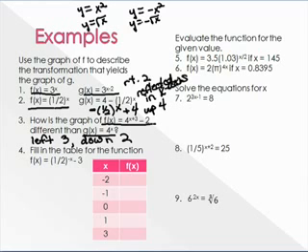Here is a function, and notice it's an exponential function because I have my a is 1/2, and it's raised to the negative x, and we want to evaluate it, so we want to fill in this table. So we've got the function 1/2, and we're going to plug in a negative 2 in for the x.